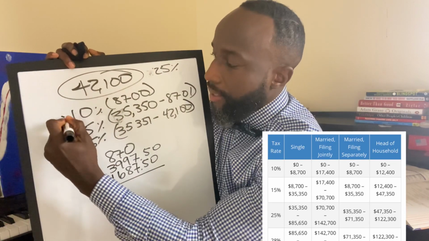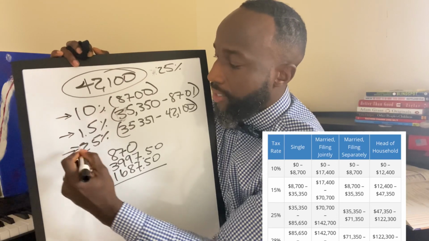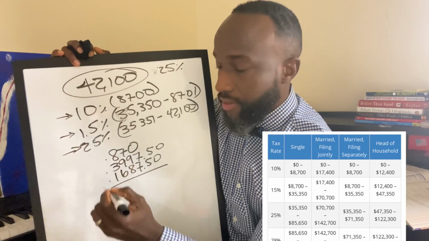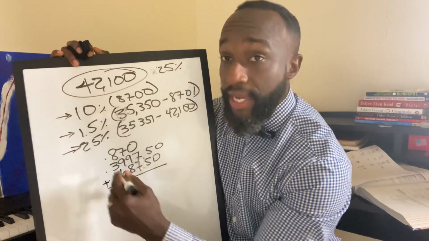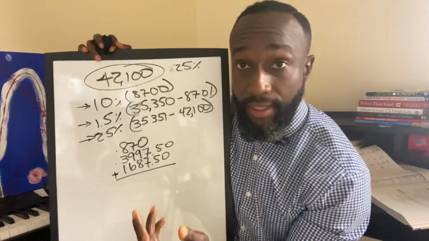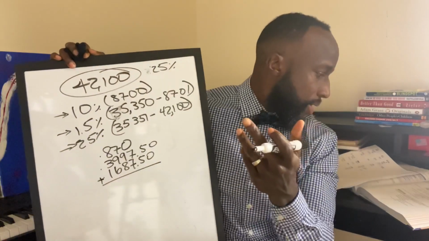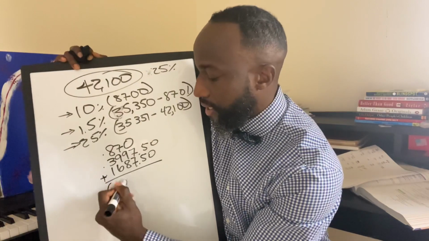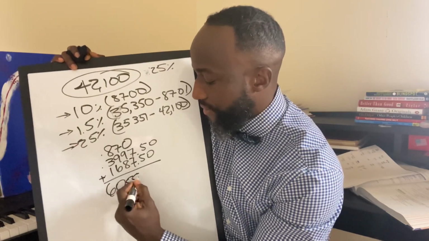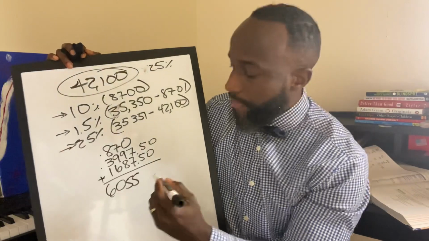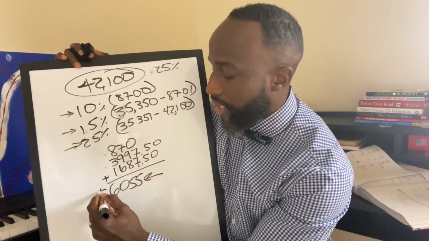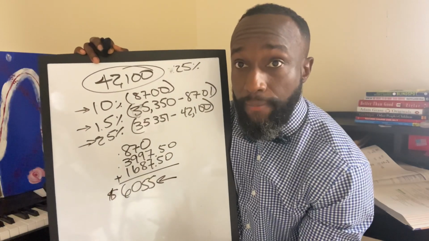From each bracket, the 10%, the 15%, and the 25%, you get these values. You add them together to get the federal income taxes you're going to pay. When you add those together, it's $6,555. That's how much she owes in federal income taxes.